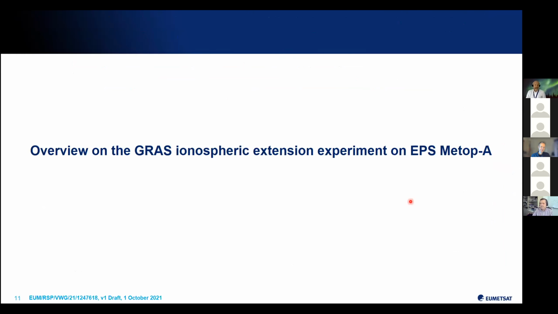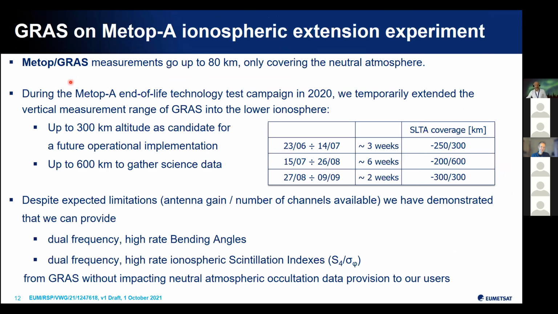Now I'm going to talk about the ionospheric extension experiment we ran last year using the GRAS radio occultation receiver on board METOP. You might know that the GRAS receiver was developed several years ago with the focus of providing our users very high quality neutral bending angles.